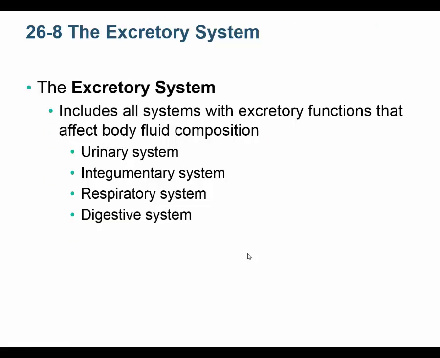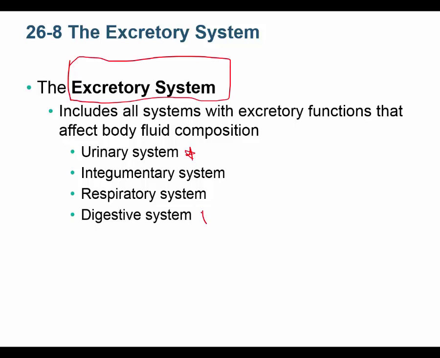Now, this is just something mentioned in your book. The urinary system is part of a functional excretory system. We don't have an anatomical excretory system, but this is not unprecedented, how we talk about different systems being part of a functional system. For example, a functional excretory system would include the urinary system, of course.